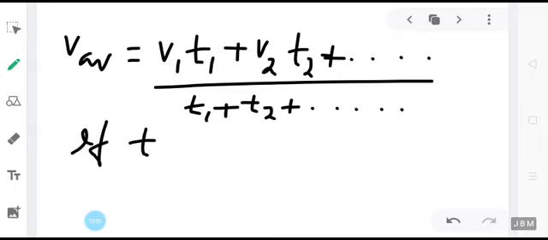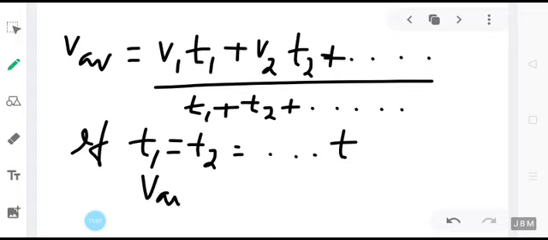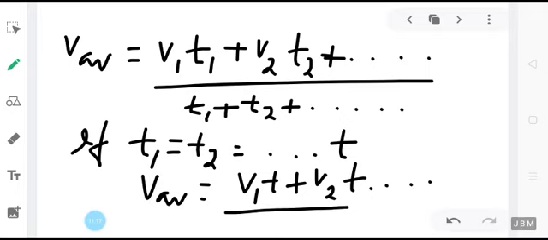If t1 equal to t2 equal to t, then we get v average equal to v1t plus v2t and so on divided by t plus t plus so on.